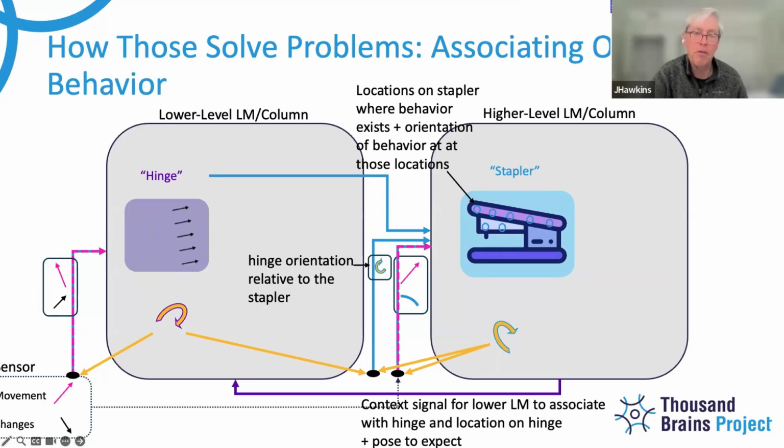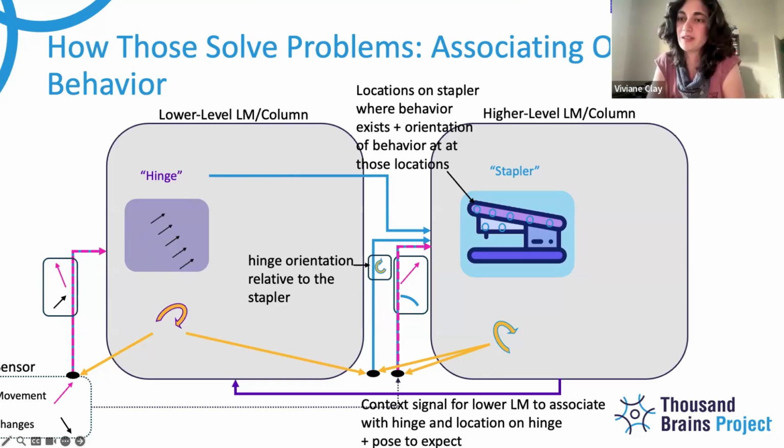Let's say every time I saw the Thousand Brains Project logo, it would rotate every 2 seconds. Well, that seems to be a behavior of the logo, but relative to what? Because if I just rotate the logo, I can compensate for that with the thalamic mechanism. It's just the object in a different position.